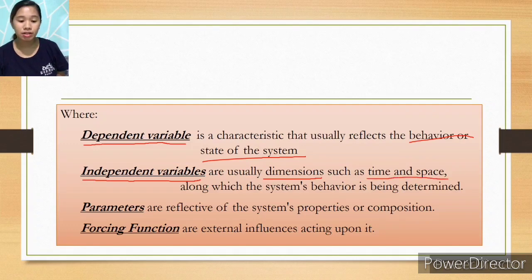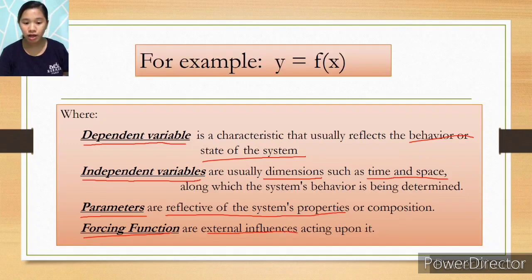Parameters reflect the system properties or composition. Lastly, the forcing functions are external influences acting upon it. So we have, for example, y equals f of x, where the dependent variable is y and the independent variable is x.